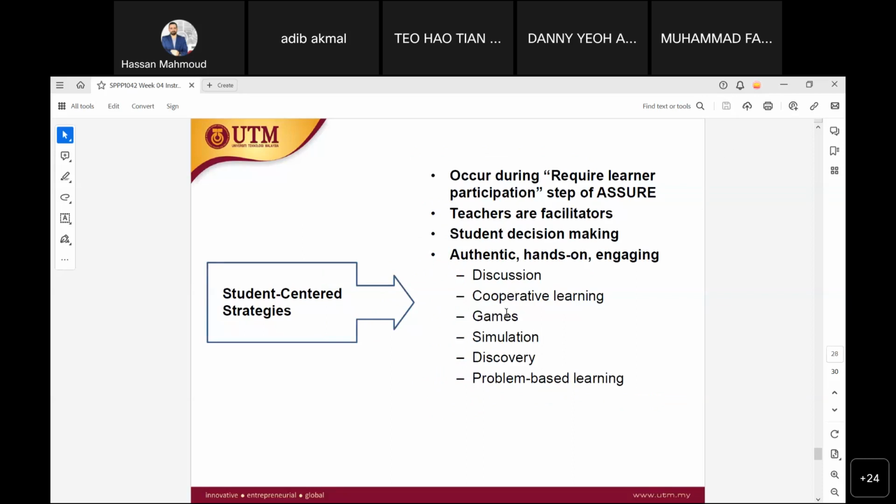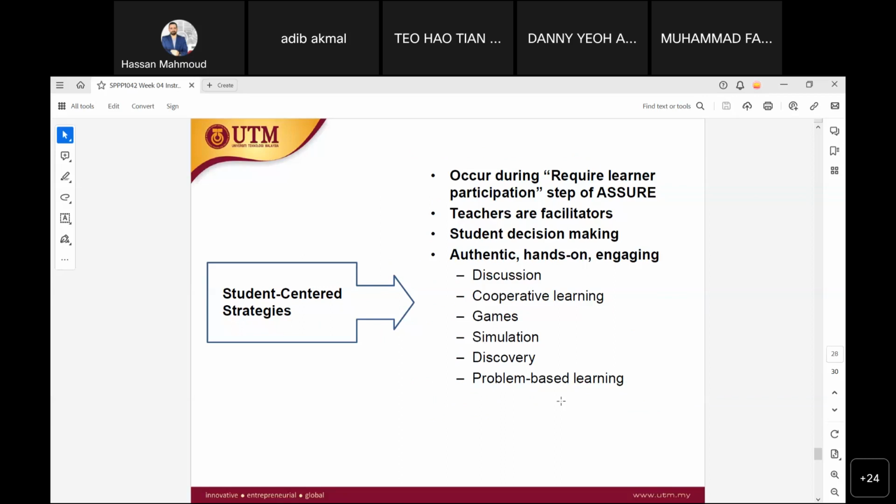Games, we let them do by themselves, for example in a group or individually. Simulation, we let them practice the same skills again. Discovery, we let them discover by themselves. Problem-based learning is all about their imagination and their perspective of the problem. So this is the main difference between these two.